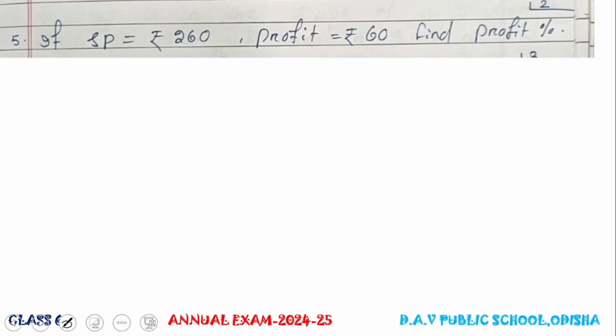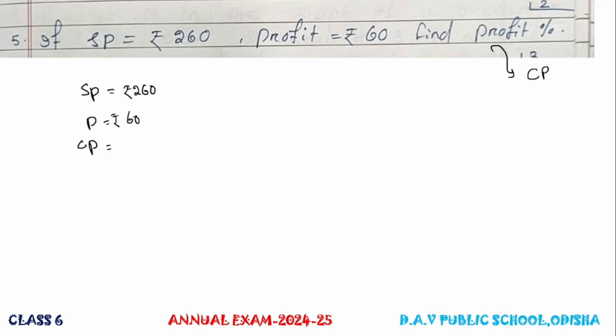Next. If SP is given and profit is given, find the profit percent. We know that profit percent is always calculated on CP. Yes or no? Here CP is not given. First of all find the CP, then calculate. So first write down SP equal to rupees 260. Now profit equal to 60 rupees. Now we can find CP. We know that if there is profit, then SP is greater, so CP is SP minus profit, that is 260 minus 60, that is 200 rupees.